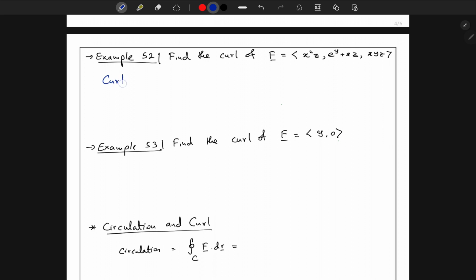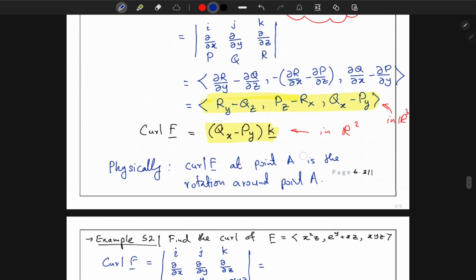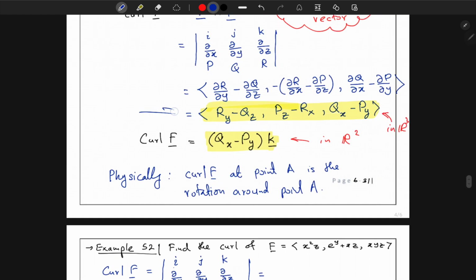Okay, so the curl of F is the determinant of the matrix i, j, k, ∂/∂x, ∂/∂y, ∂/∂z, then x^2 z, e^y, plus xz sin(xyz). Now for me it's easier to memorize this rather than memorizing this equation.